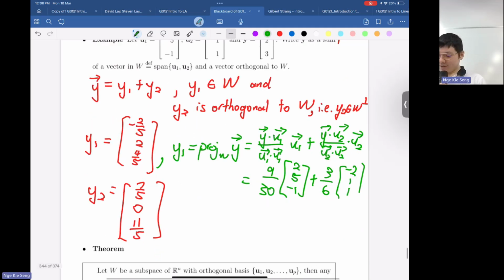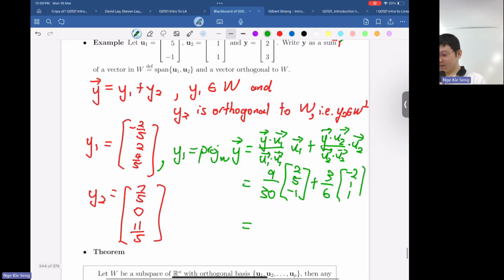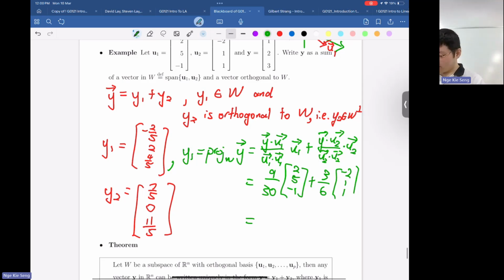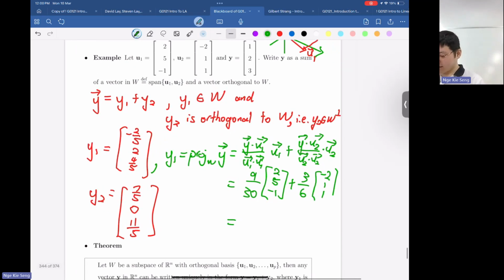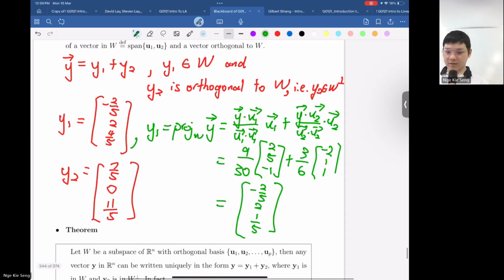You copied the wrong problem. You copied U1 wrong, but your scalars turn out to be the same. So if you combine this, you should get (-2/5, 2, 1/5). So this one you should also change to 14/5.